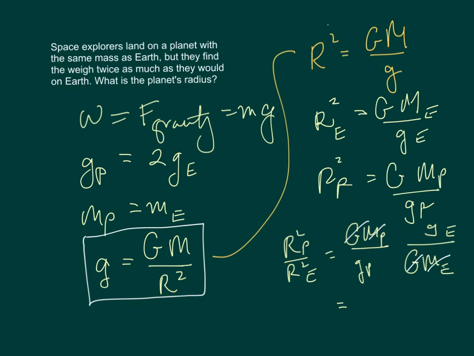We're going to have 1 over 2 g E over g E. And these cancel, so we get that the ratio of the squares of the radii is equal to 1/2.